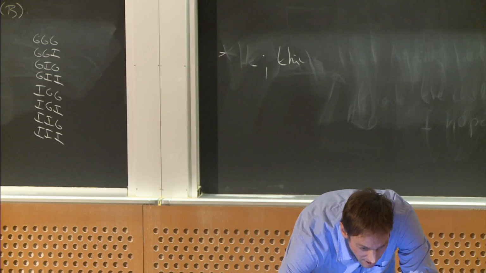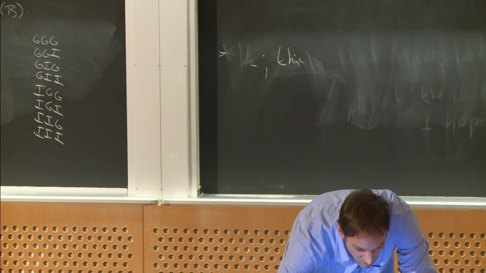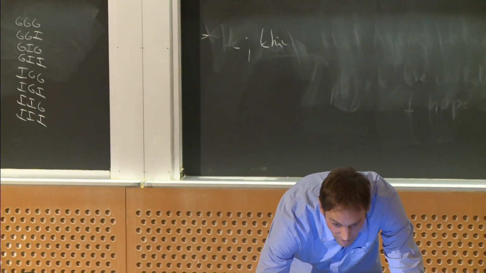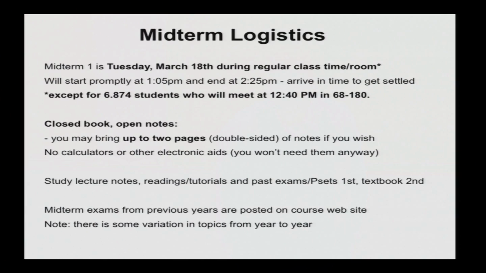So in the last couple minutes, I just want to say a few things about the midterm. You did remember there is a midterm, right? The midterm is a week from today, Tuesday, March 18th. For everybody, it's going to be here, except for those who are in 6874.